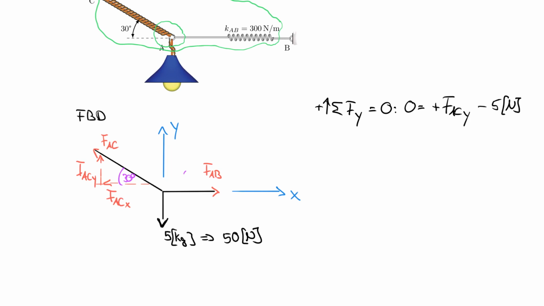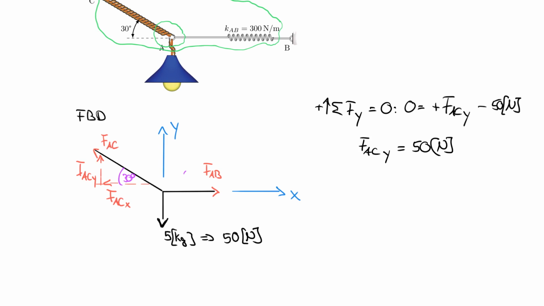And again, if I were in an exam, unless I'm specifically asked to write down this equation, and most often you will be asked, but if I'm not in an exam, I would have just stated that FACY is equal to 50 Newton.